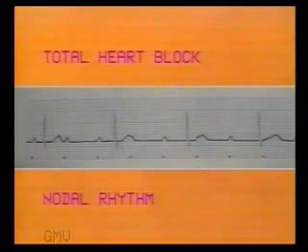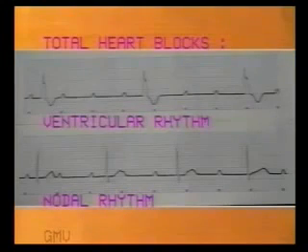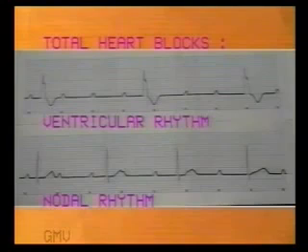So this is a third degree AV block with nodal rhythm. This means that third degree AV block may have a ventricular rhythm or a nodal rhythm. Note the difference in the QRS structure and difference in QRS rate in ventricular rhythm and nodal rhythm.